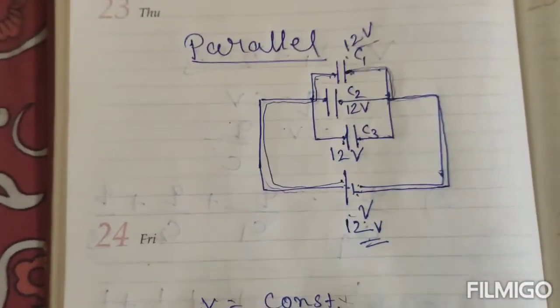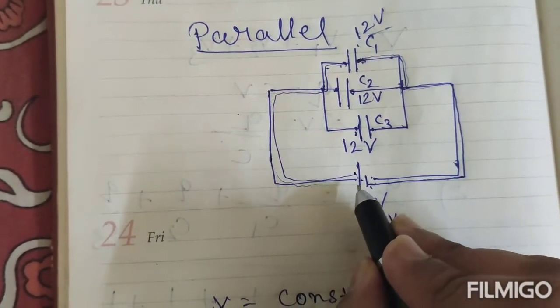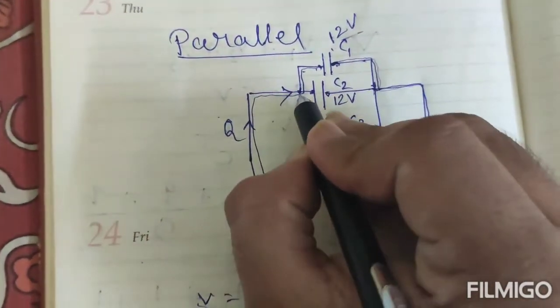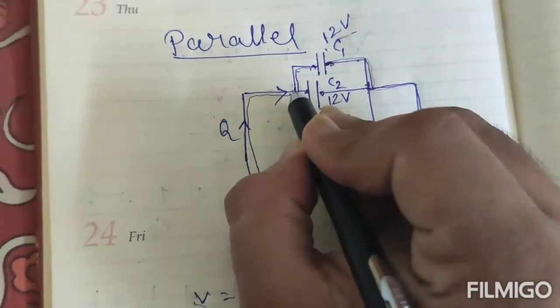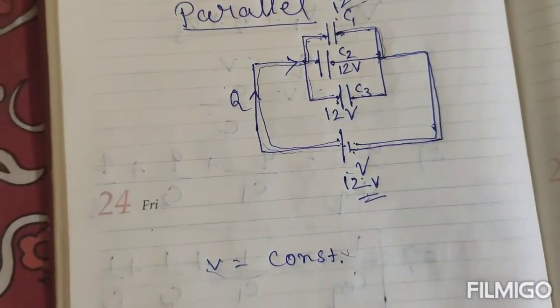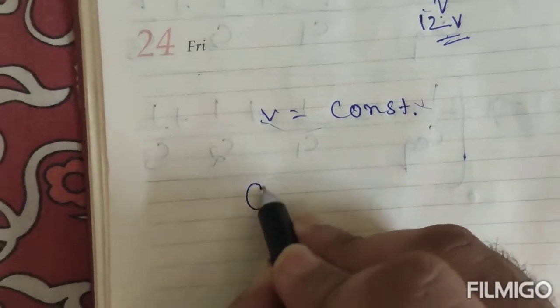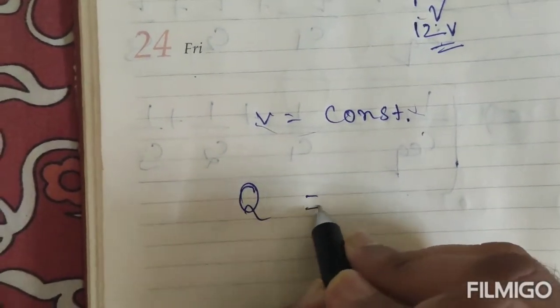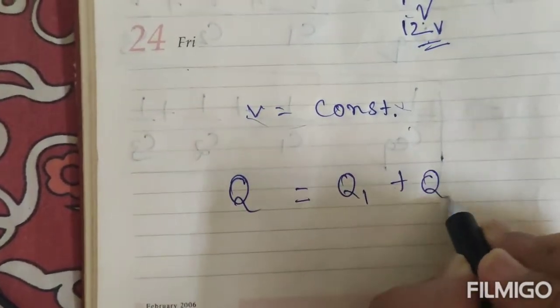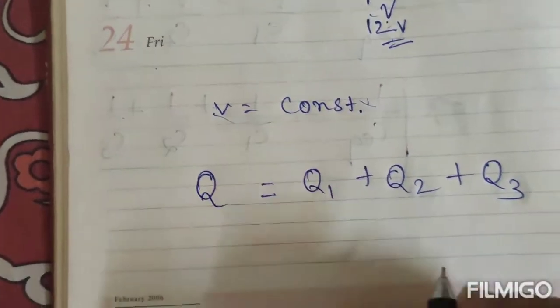So which one is changing? The charge. Here you have provided the charge Q, and at this point the charge is divided: this is Q1, this is Q2, this is Q3. Directly you can write the equivalent charge Q equal to Q1 plus Q2 plus Q3.